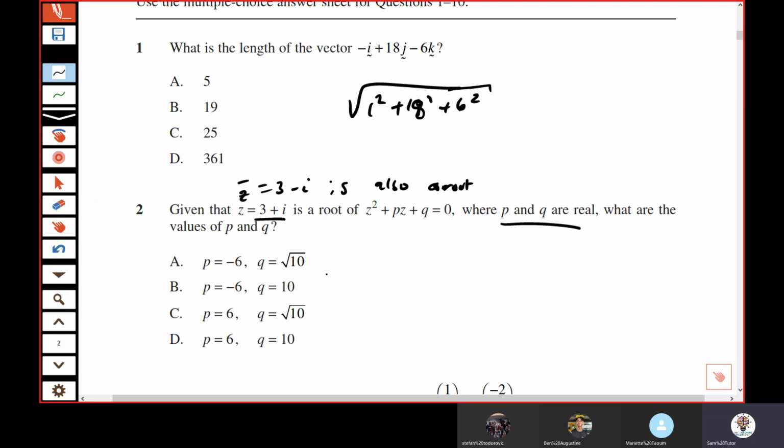Use the formula, right? The formula over 2a plus b.